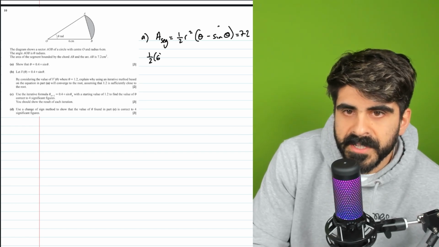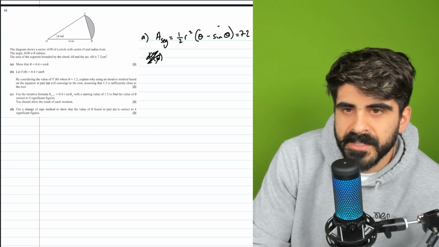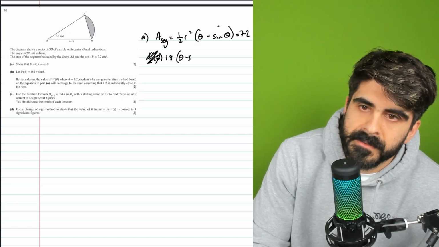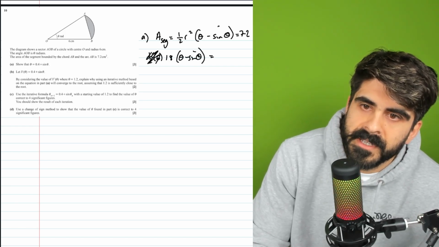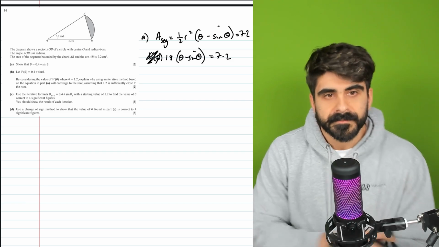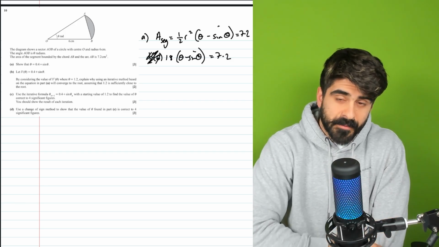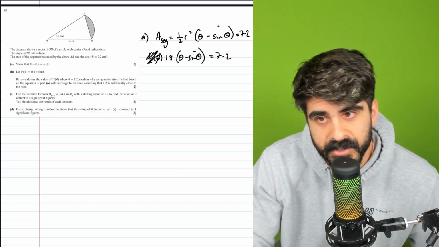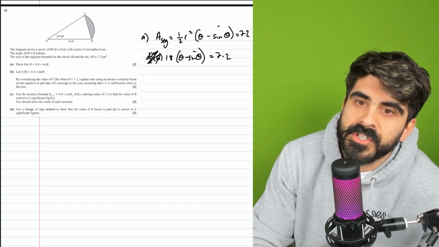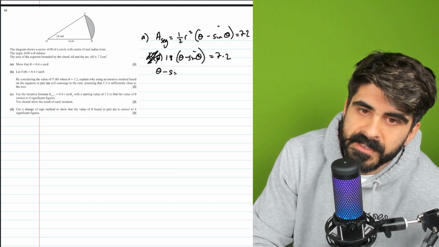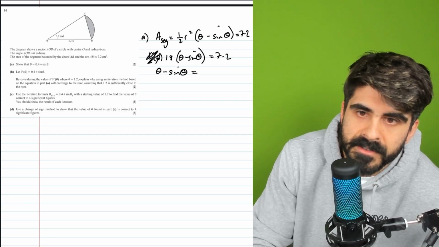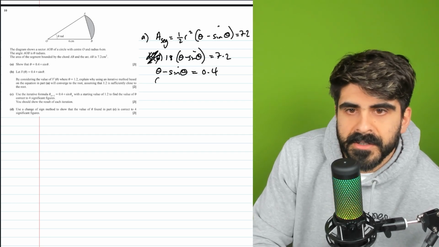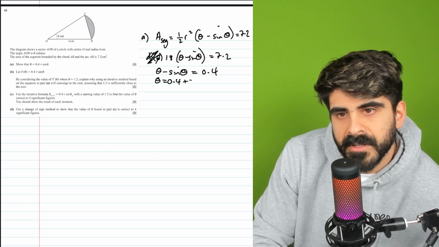Half of 6 squared, so half of 36, just say 18, is 7.2. And I'm assuming 7.2 divided by 18 is 0.4, because 18 does go into 72 4 times. So yeah, that makes sense. Theta minus sine theta is 0.4. So theta is 0.4 plus sine theta.